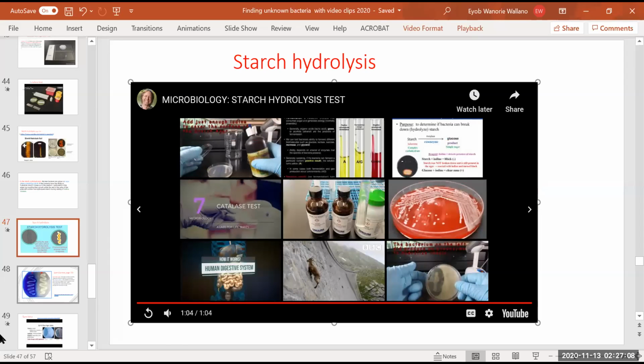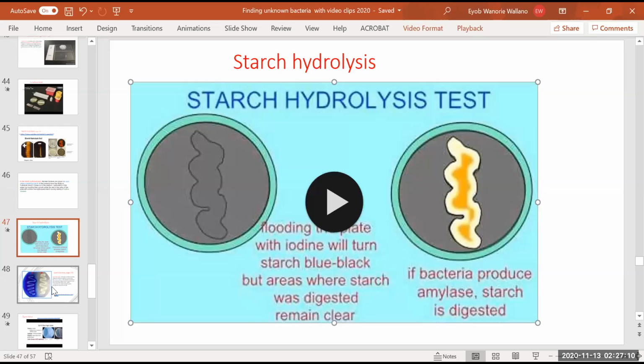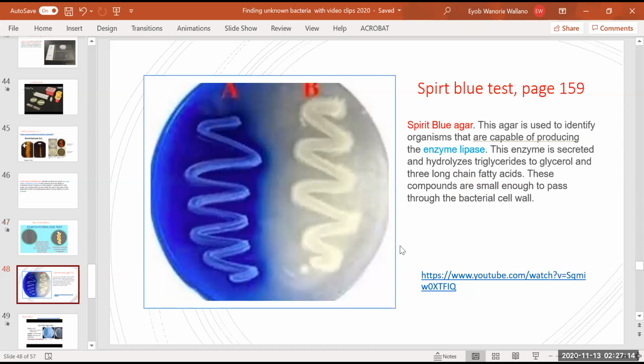Yeah, that is a good one. And then the other one to mention is spirit blue. This is a fermentation technique also. Spirit blue is a test used to find out whether lipase, or fat, exists there. Lipase, lipid, fat.